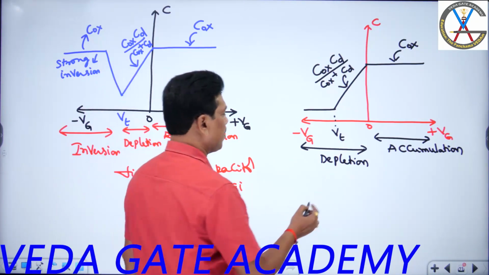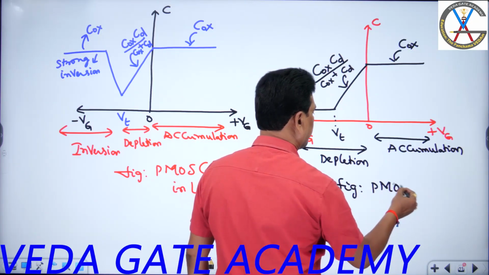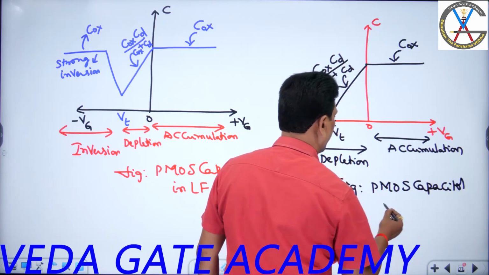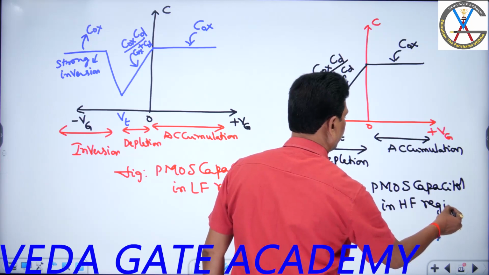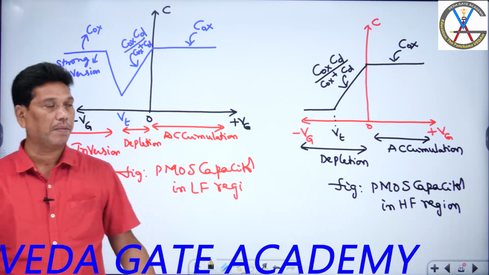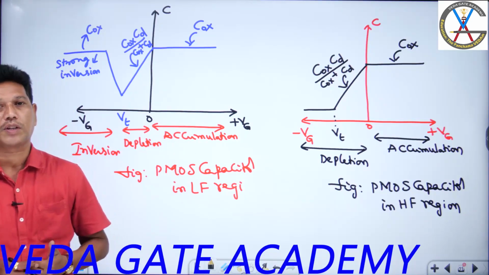So this is the same PMOS capacitor in the high frequency model, sir. PMOS capacitor in the high frequency region. So this is the graph for the PMOS capacitor, capacitance versus voltage. And so, students, this is about the MOS capacitor.